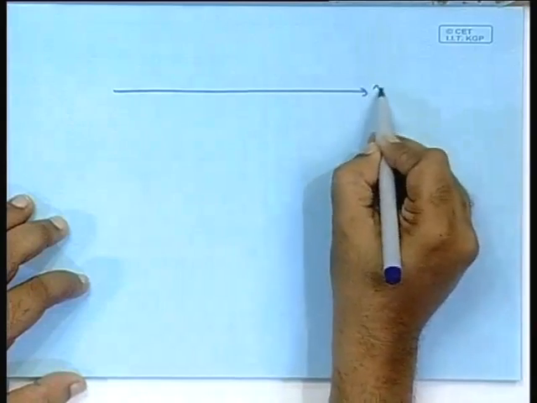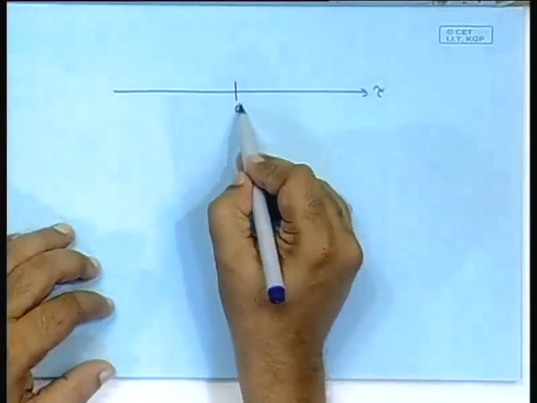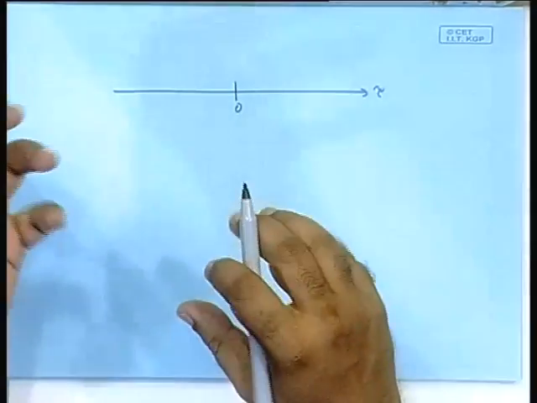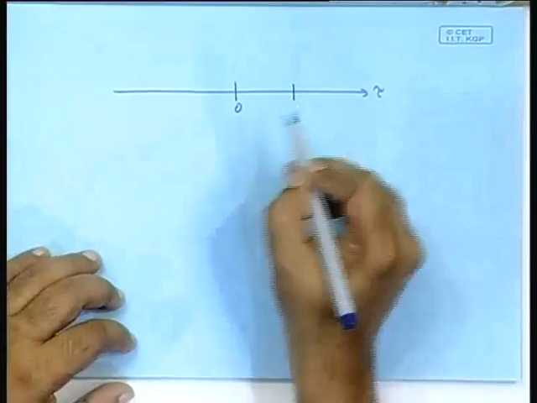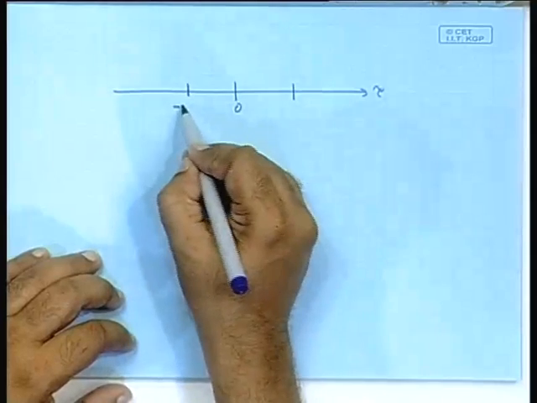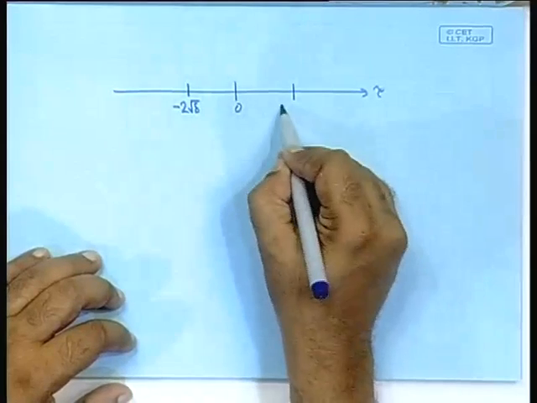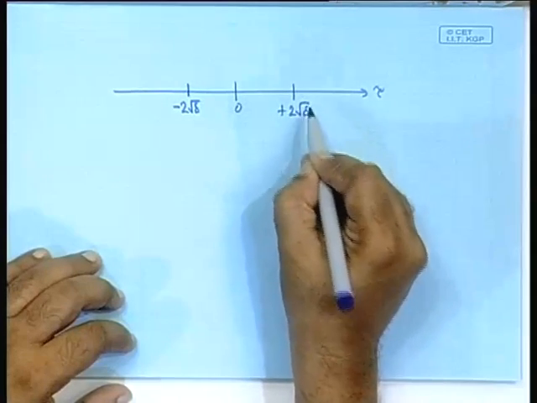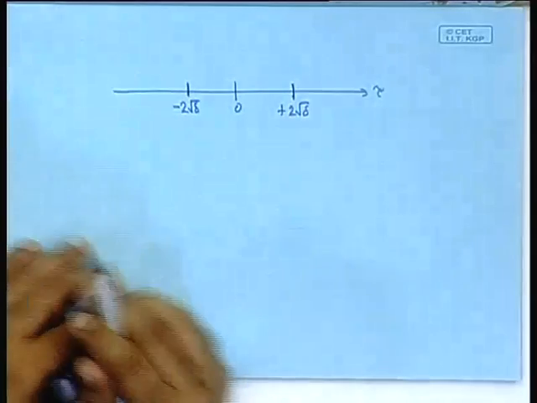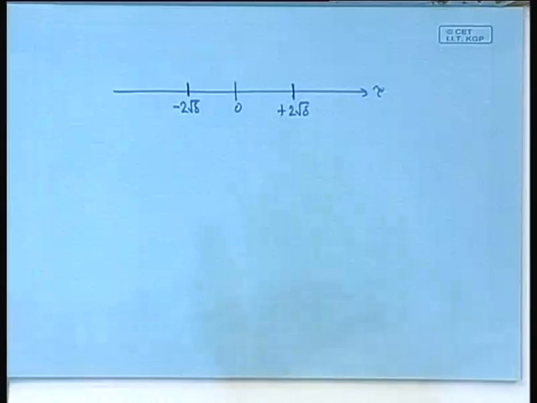So, we can say suppose this is the trace and this is the 0 and I am sort of comparing with the determinant, then we can say that there are two ranges, -2 root delta and here the +2 root delta. In between this range it is complex. Fine. When is it stable?